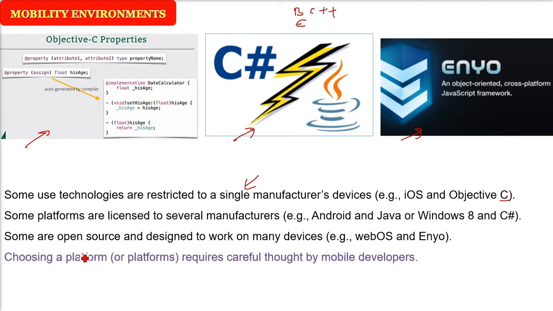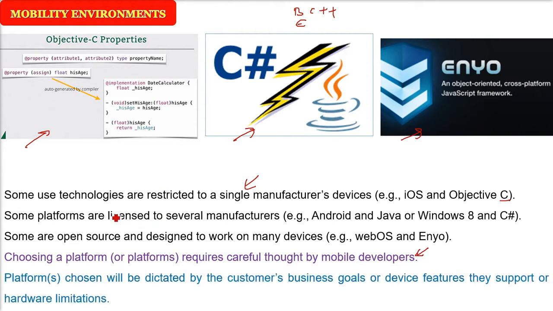As a mobile developer, which platform you are going to choose requires a lot of consideration, carefulness and thoughtfulness. This is not the only aspect. There are business goals, because the customer is giving you that app to be built.